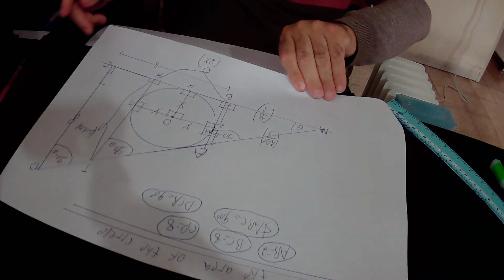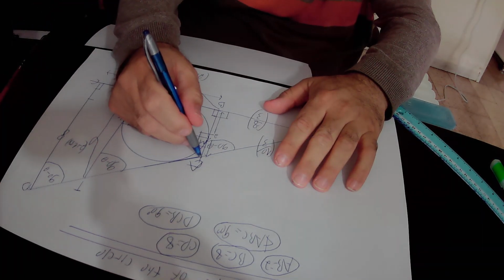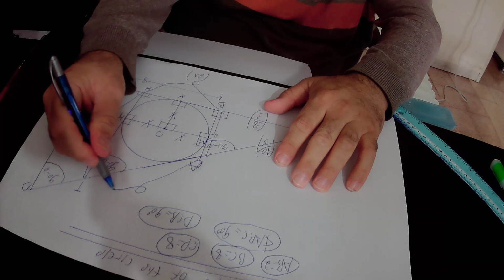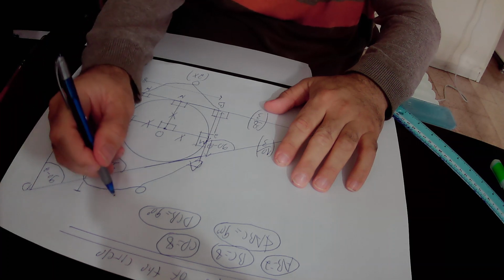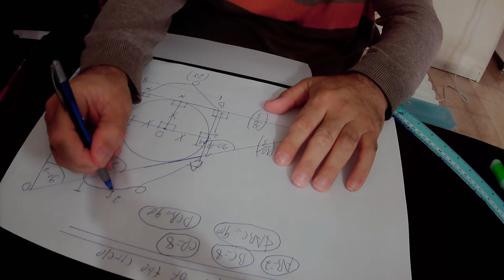So the length of this line segment TA is equal to 2.5x.